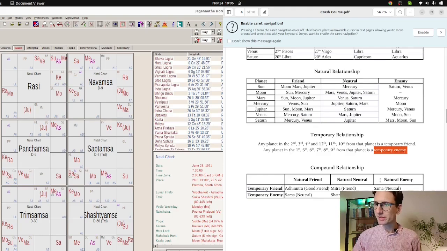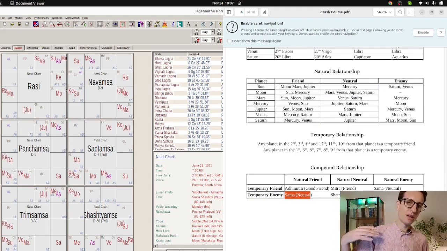So Saturn is a natural friend, but a temporary enemy. Temporary enemy, that means neutral. So Saturn is in a neutral position.